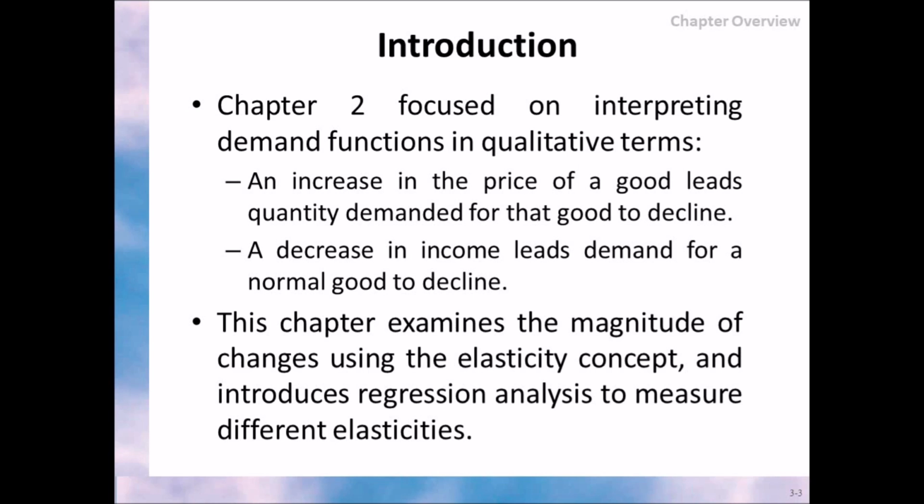So we know only the direction, whether the demand increase, the demand decrease, whether the demand curve shift leftward, or if the demand curve shift rightward. Similar with the supply.